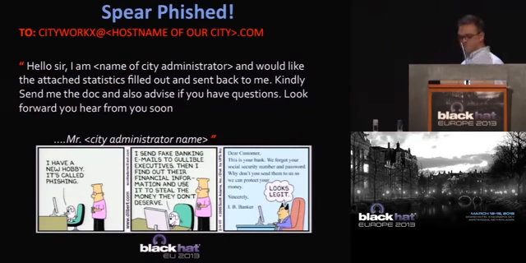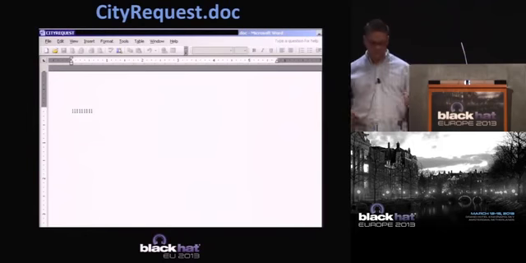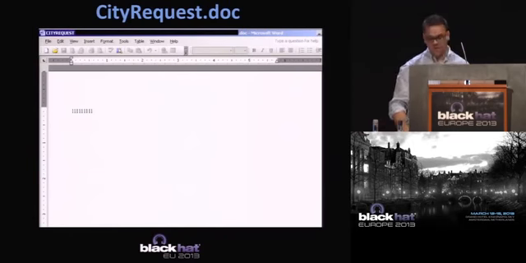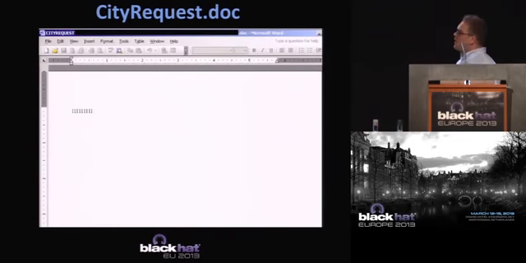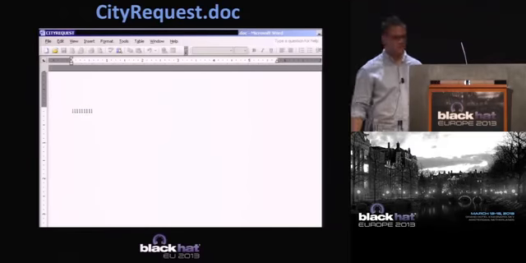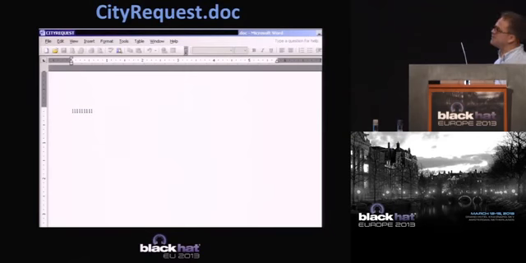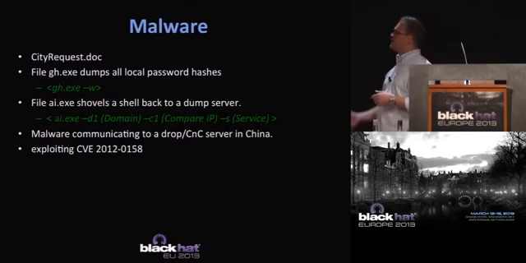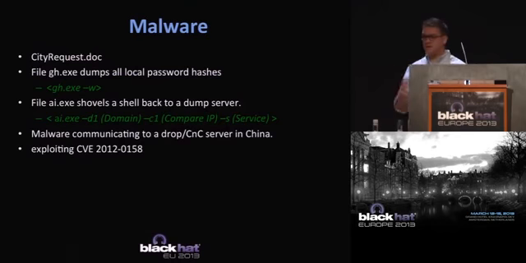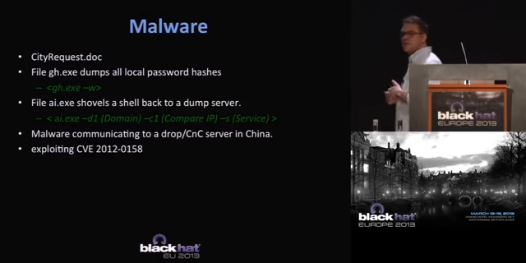So I took the document and ran it. The document was called CityRequest.doc. For those of you that are interested, I'll provide the actual malware itself to you as well. Whenever you actually open the doc, it's just a bunch of ones. So pretty traditional and generic when it comes to malware, nothing too advanced there. Looking at it a little further, CityRequest.doc dumps two files on the system itself. File gh.exe is essentially just a local password hash dump.